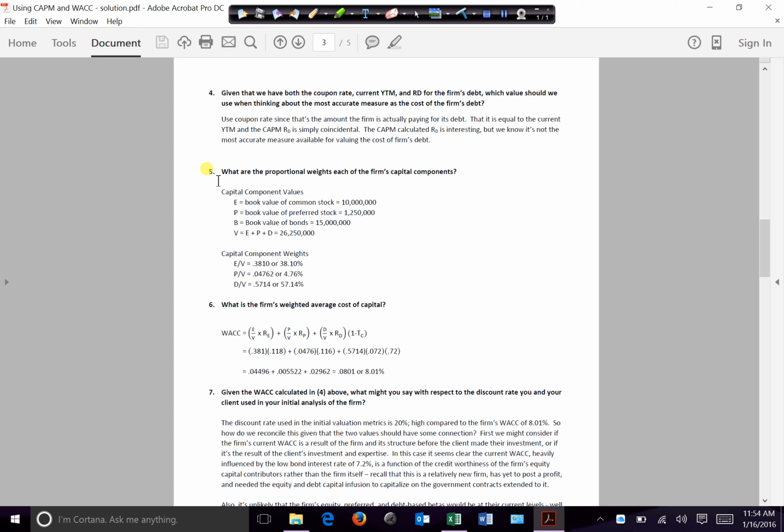In number 5, we're asking what are the proportional weights for each of the firm's capital components.